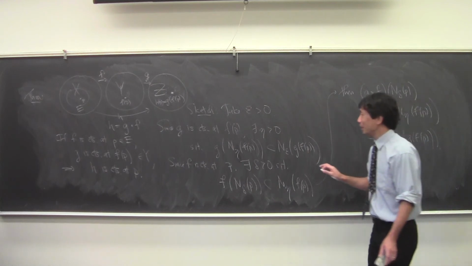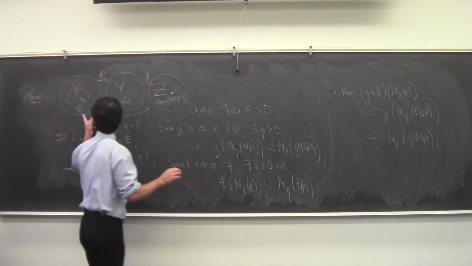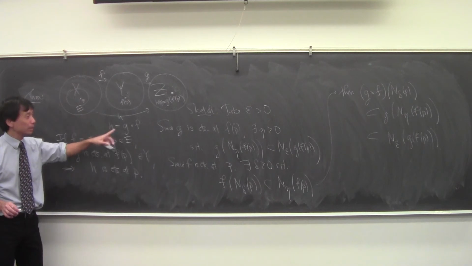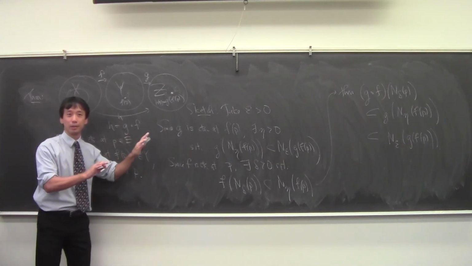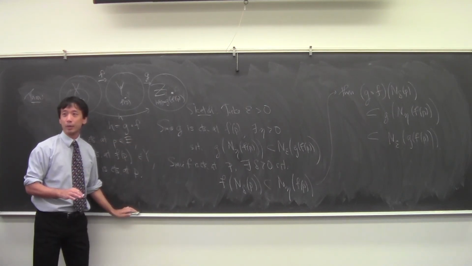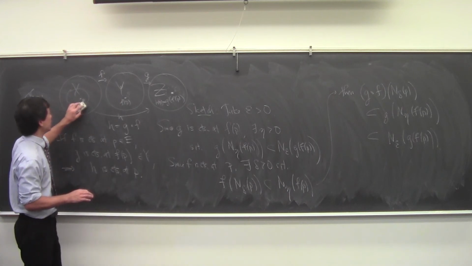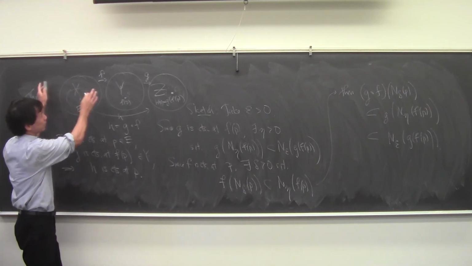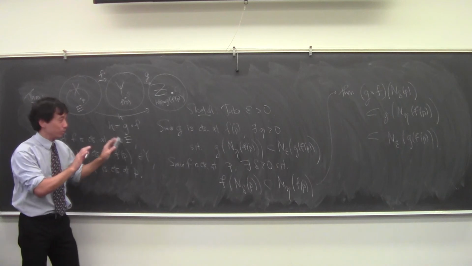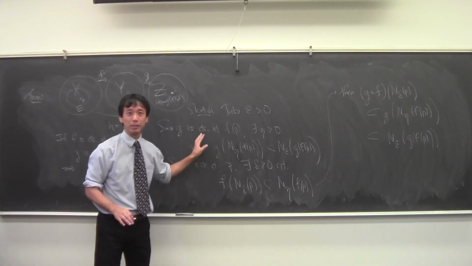I'm being a little bit sloppy because I should have intersected with E and stuff like that, but this is the idea. So I'm basically pretending that E is all of X. But that's just a detail. It's easily handled.